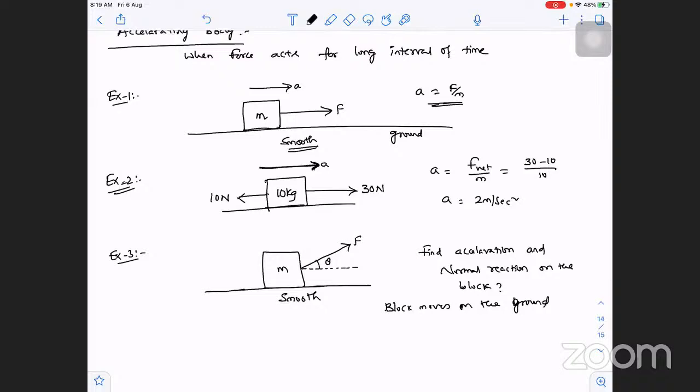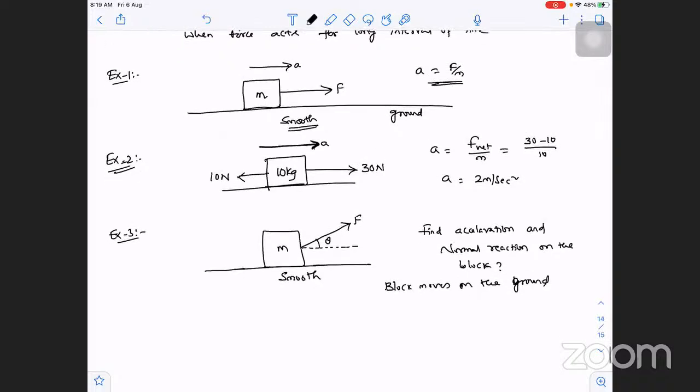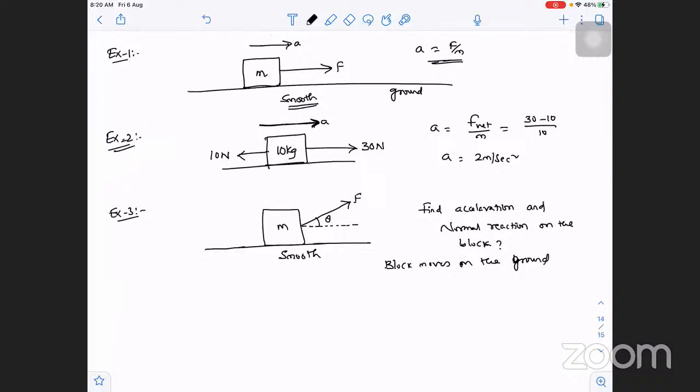So I'm saying that the block is moving on the ground. Then what is the acceleration of the block, and what is the normal reaction on the block by the ground? How much normal force is acting on the block by the ground? I told you, we are always interested in the forces acting on the blocks, not on the ground.